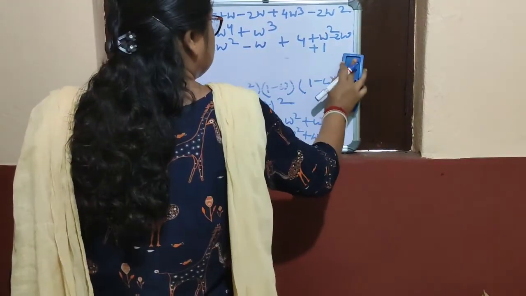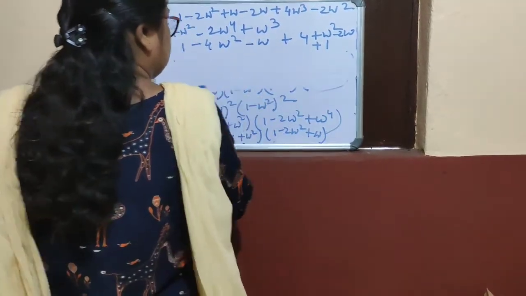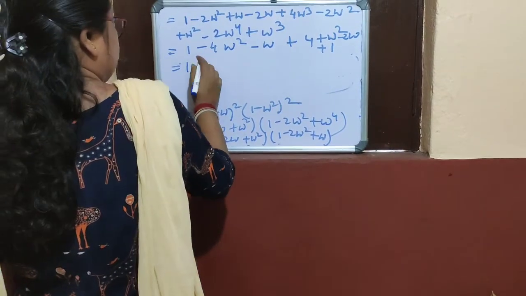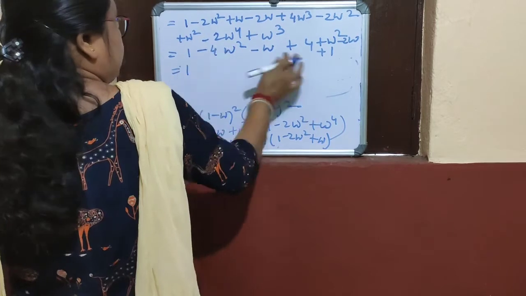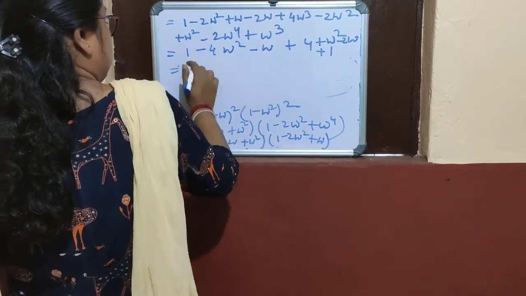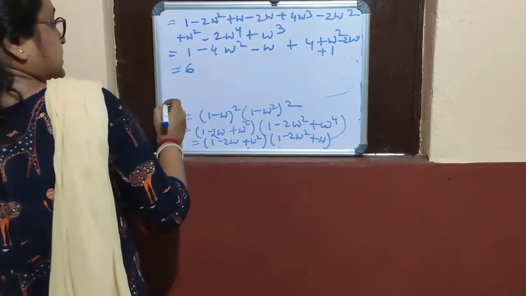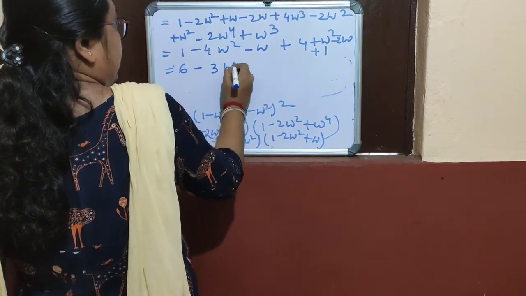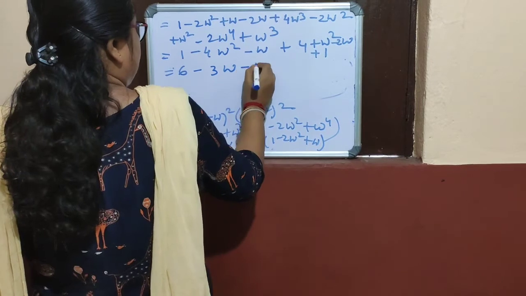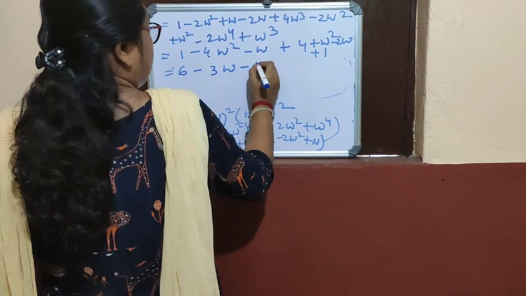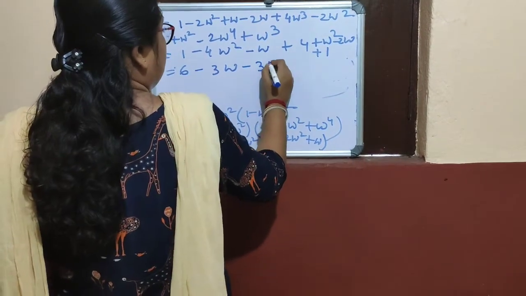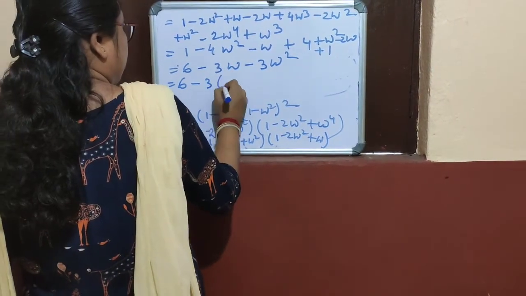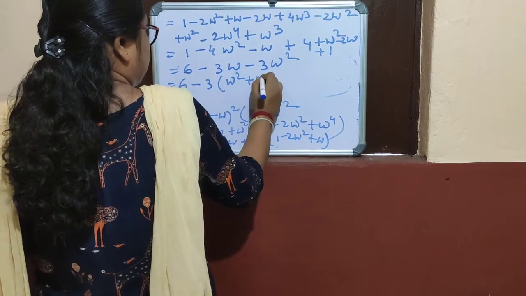Now this is equal to 1 plus 1 plus 1 plus 4, that is 6. You write here 6, and minus 3 omega minus 3 omega square. 6 minus 3 common, omega square plus omega.